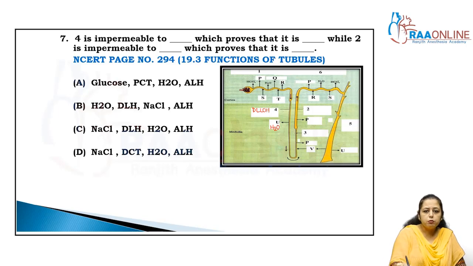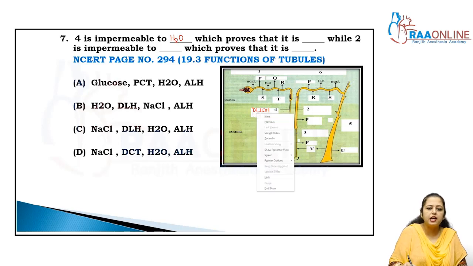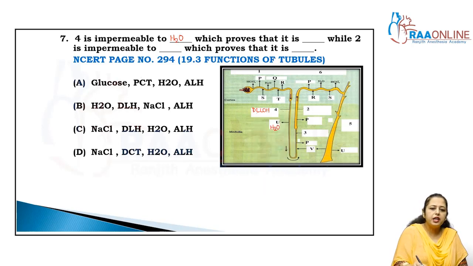So it is permeable to water, which proves that it is... that means it is asking about the location, right? So the location is the descending limb of LOH, which is given in B and C, so A and D are wrong, right?